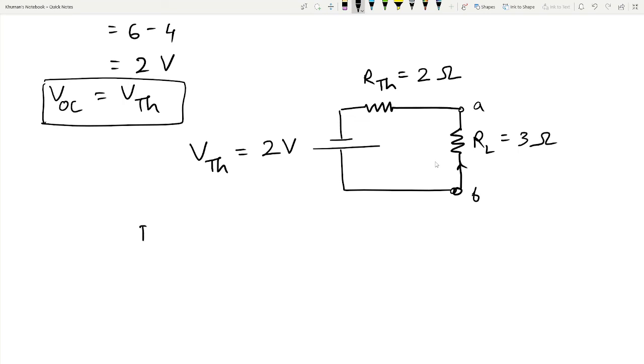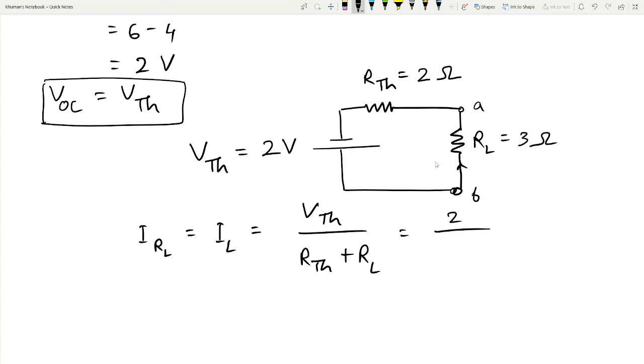Okay, so IRL or IL equal to VTH divided by RTH plus RL. So it is 2 divided by 2 plus 3, equal to 2 divided by 5, equal to 0.4 ampere.